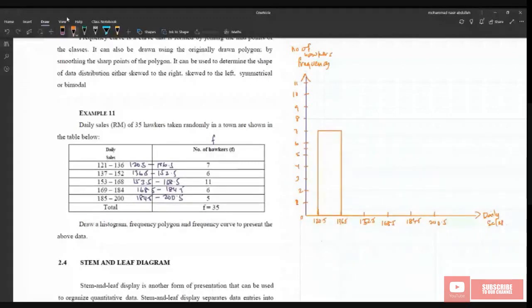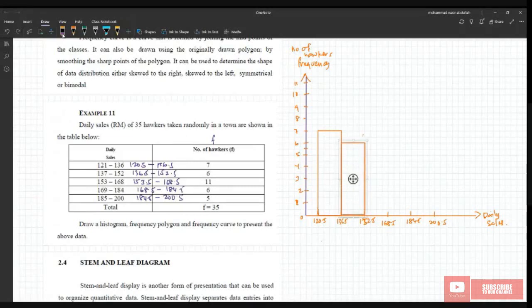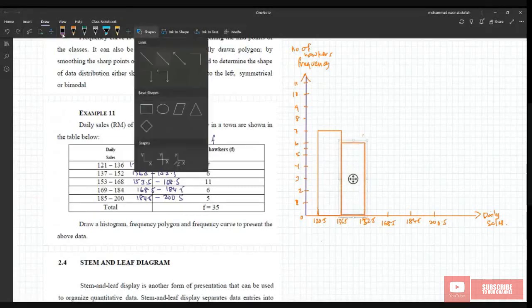And then the second class is 6. The third class is 11.